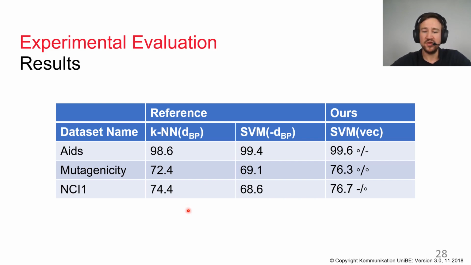Then for the mutagenicity, we have 2 statistical significant improvements over the baselines. And lastly, for the NCI1 dataset, we are statistically significant better compared to the SVM approach. We measured the statistical significance by a Z-score test.